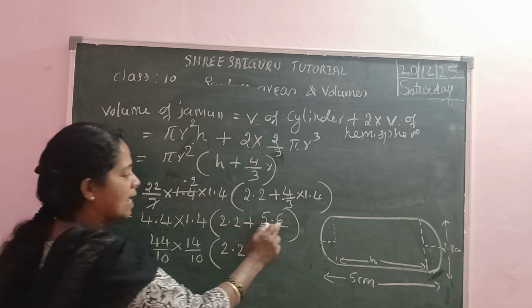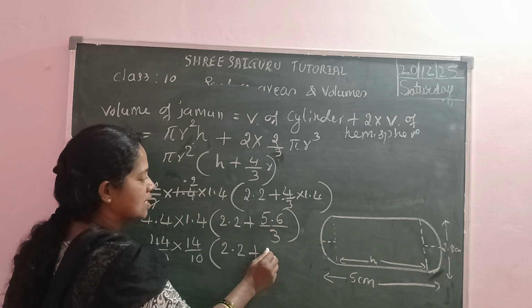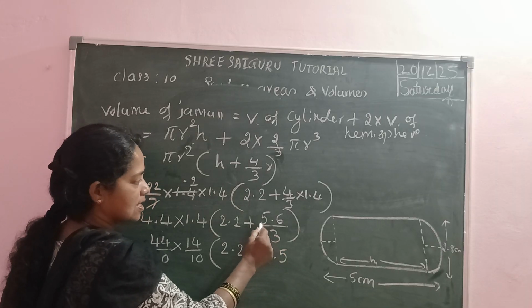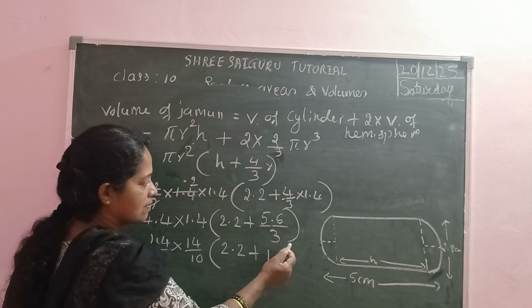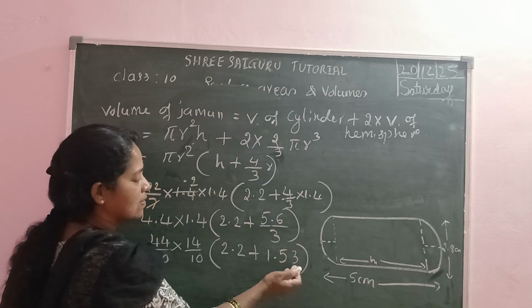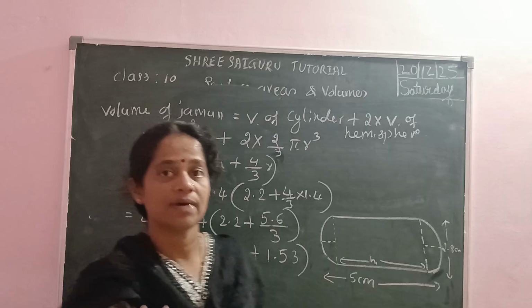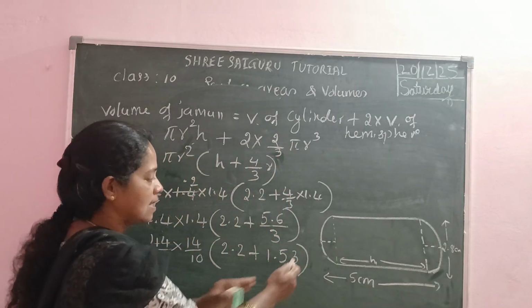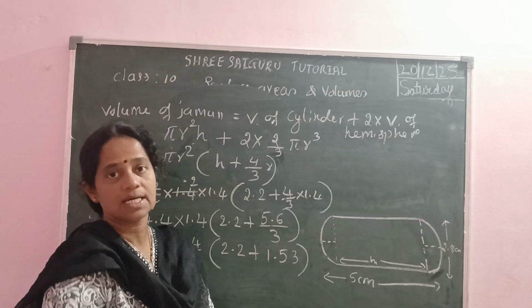Then 5.6 divided by 3 is how much? 3 5s are 15, 1 remains, then 3 3s are 9. So it is not terminating. So we are getting an approximate value here. This division is not terminating, further digits are there.